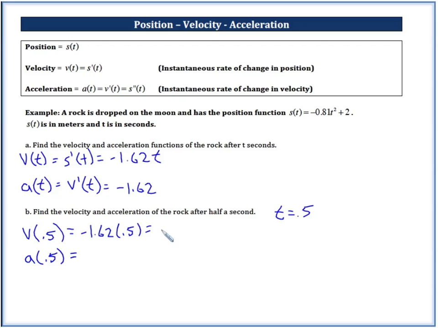So after half a second, the instantaneous velocity of the rock is negative 0.81 meters per second. The acceleration function is just a constant now, negative 1.62, so there's nothing to plug in. So we have meters per second squared.